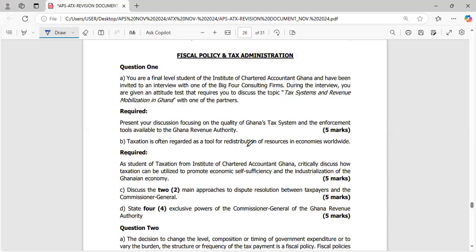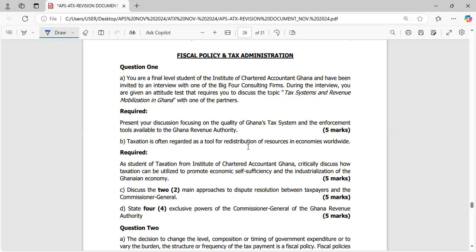Is it the characteristics of taxation? Okay, give me one. What are the qualities of a good tax system? Easy to file and pay.